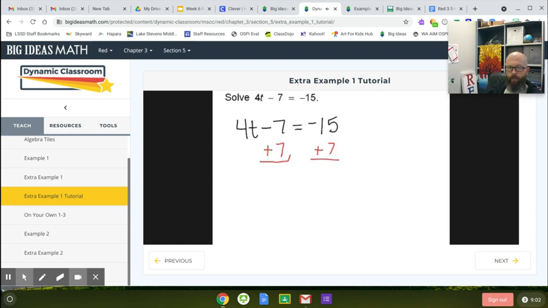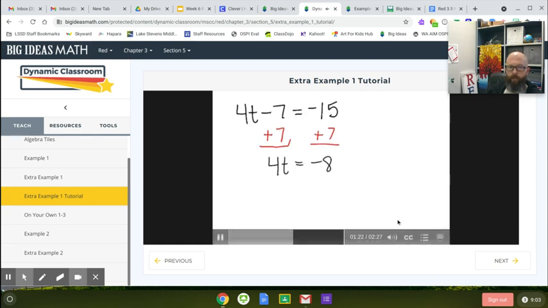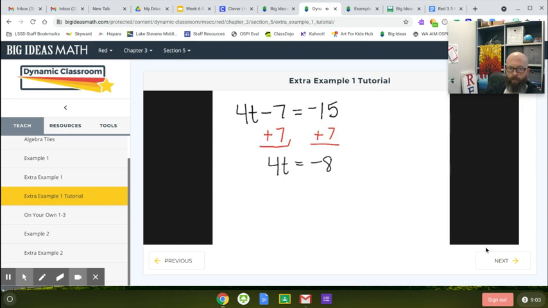Now let's simplify. We have 4t minus 7 plus 7, which gives us 4t, and that's equal to negative 15 plus 7, which equals negative 8. So now we have 4t is equal to negative 8. Remember, we need to get t by itself. So now we need to undo the multiplication of 4.